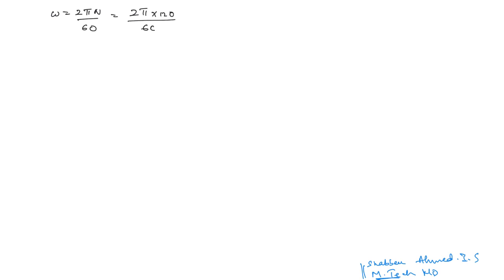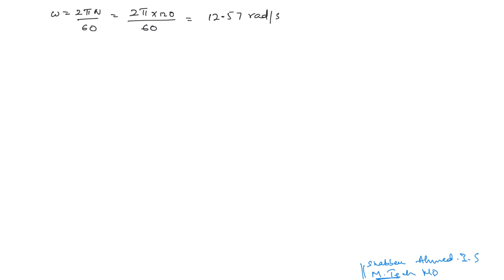Now we have omega equal to 2 pi N by 60, that is 2 pi into 120 by 60, which is 12.57 radians per second.